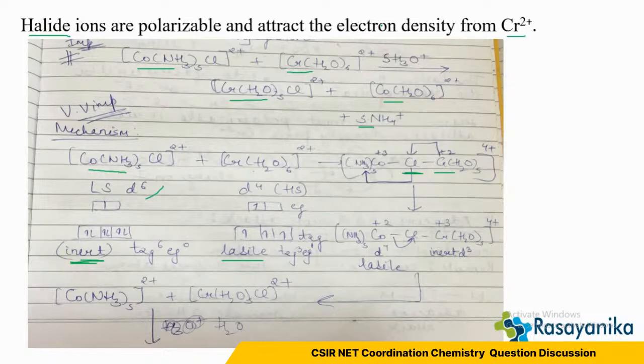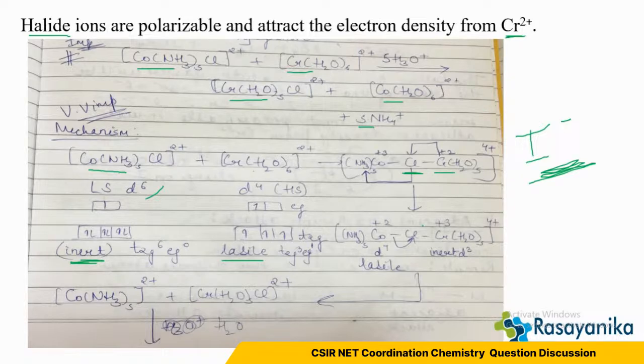You can have fluoride ion also or iodide also. And if I- is present, then in that case the rate will be very high. Why? Because it is polarizable, it has a large size. It will be able to attract electron density from chromium in a very well manner.